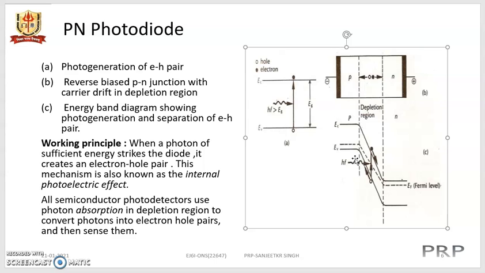When a semiconductor is illuminated by light having energy E greater than the band gap energy, where E is given as hf or hν, that is, when the incident photon energy is greater than the band gap energy, then light is absorbed in the semiconductor and electron hole pairs are generated.